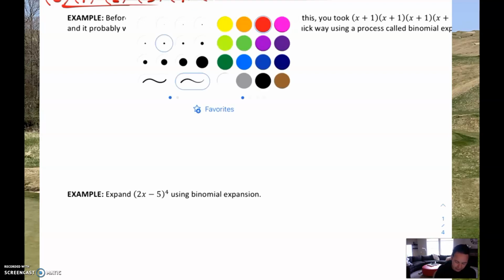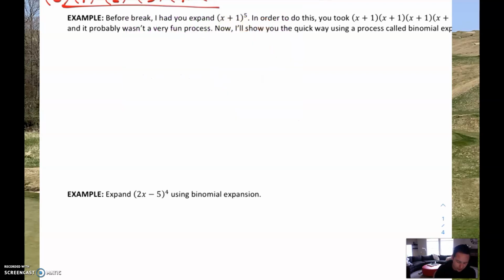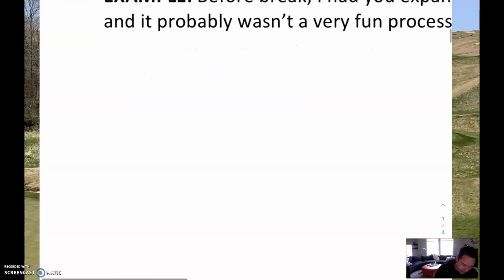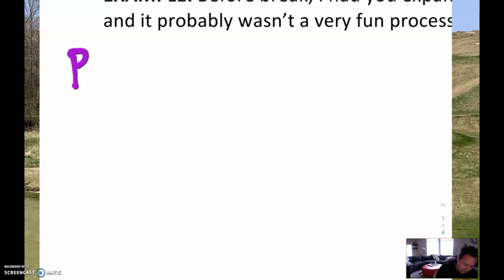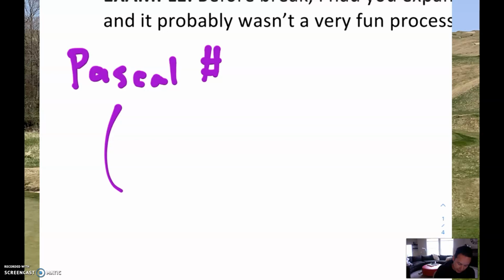So first, just a general format of what you're going to be doing for this. You're always going to start with your Pascal number. So this is going to be the number that you pull off of the triangle, or in some cases you might have to use a calculator. It's just going to be n choose k.